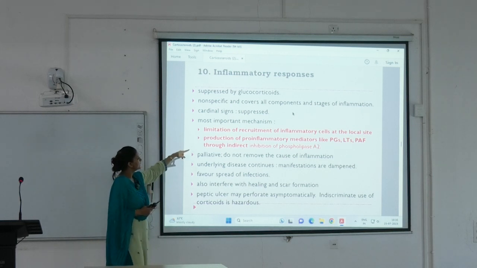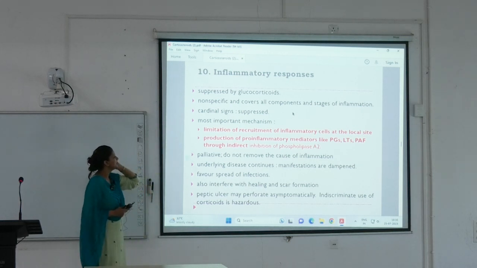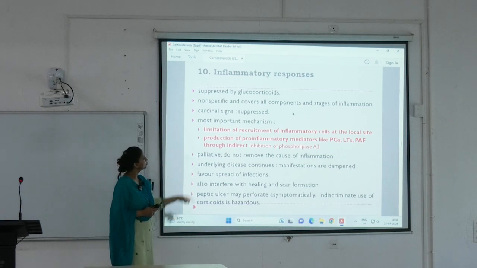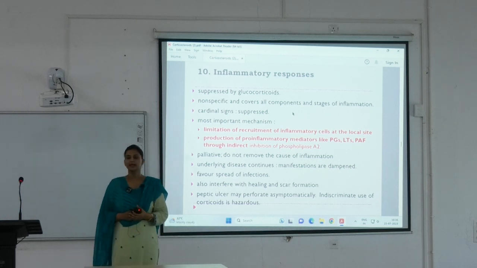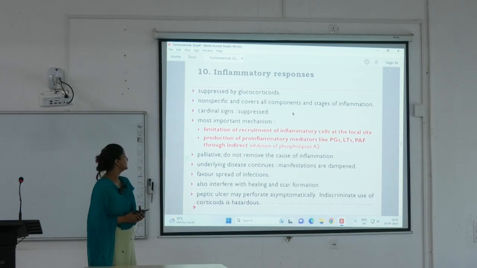The most important mechanism for the anti-inflammatory effect is the limitation of the recruitment of inflammatory cells at the local sites.